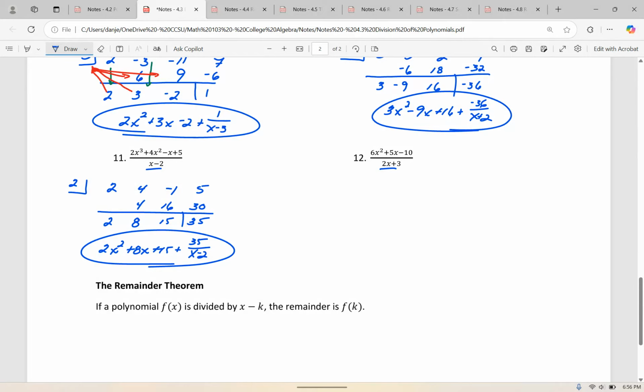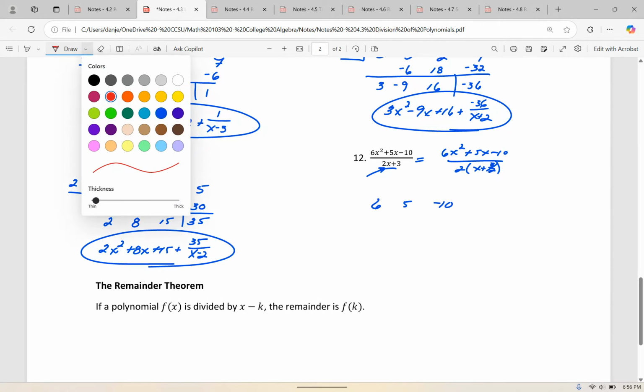So number 12, let's talk about this thing with the denominator having a linear term, but the leading coefficient is 2, not 1. I'm really going to need to make this the same as 6x squared plus 5x minus 10 divided by 2 and x plus 3 halves. Okay, so my coefficients are 6, 5, negative 10.